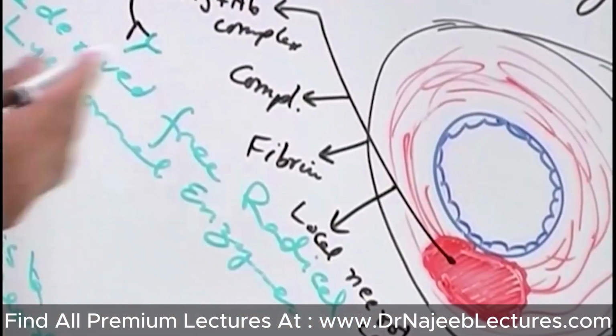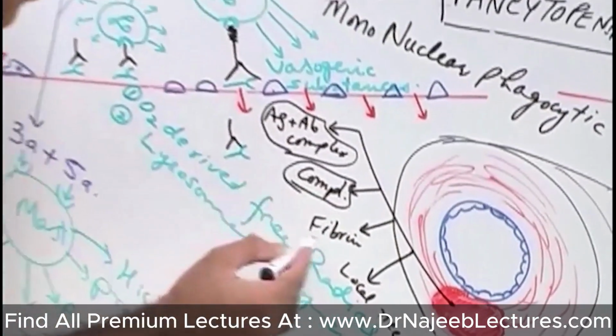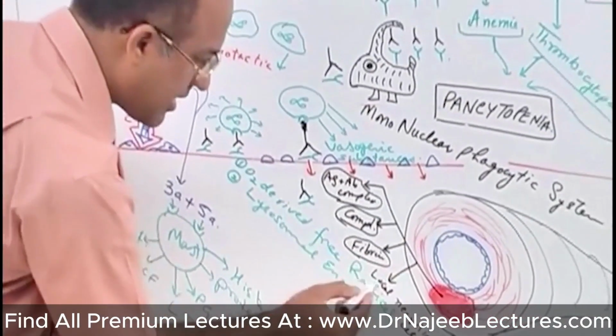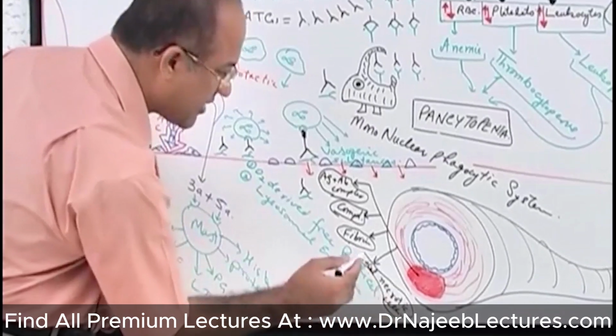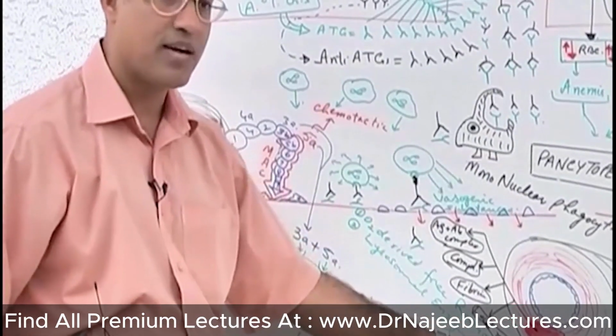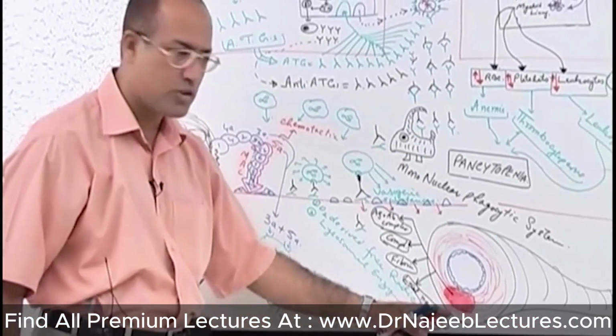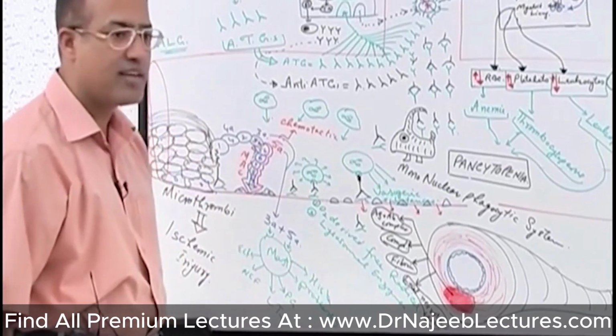Now all these things, antigen antibody complexes and complements and fibrin coming from the blood and local necrotic cells and dead cells, all of them stain in eosinophilic color and without any structural detail. Is that right? So this point is called fibrinoid necrosis.